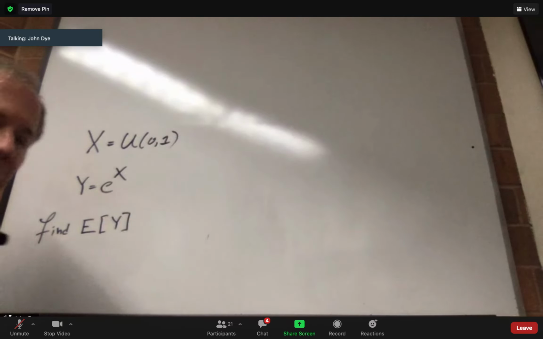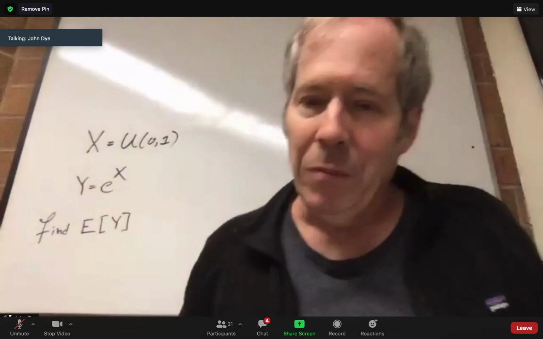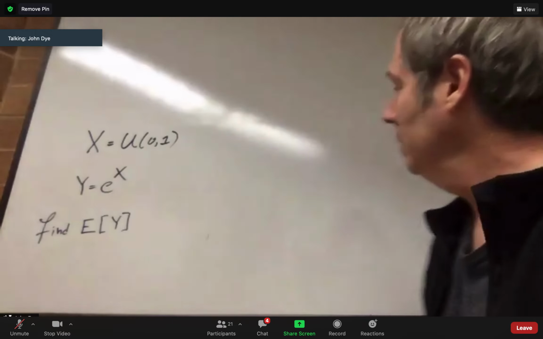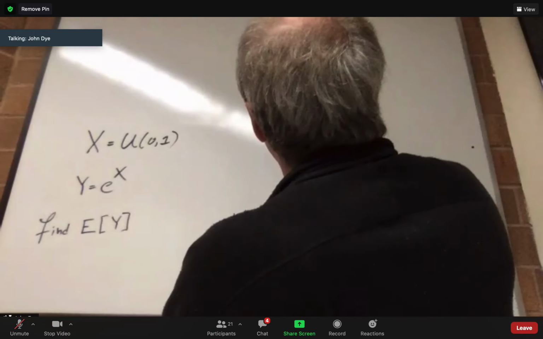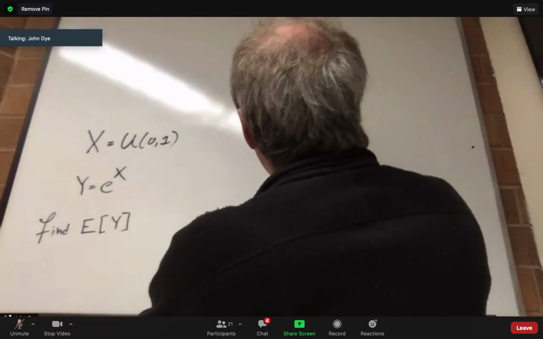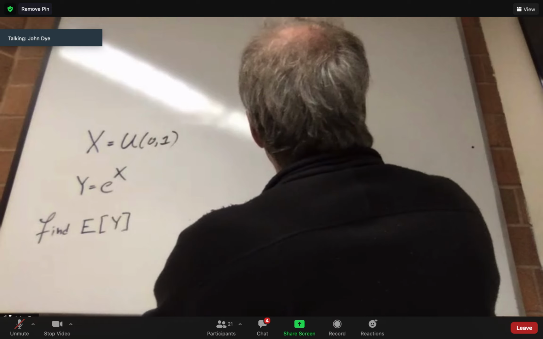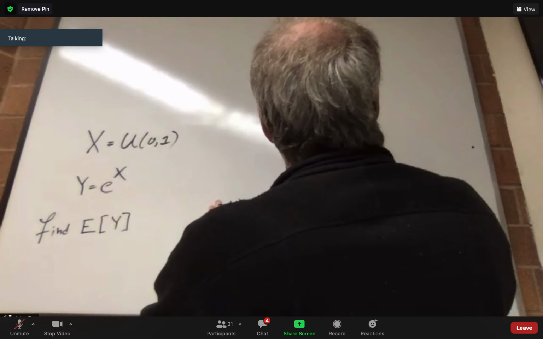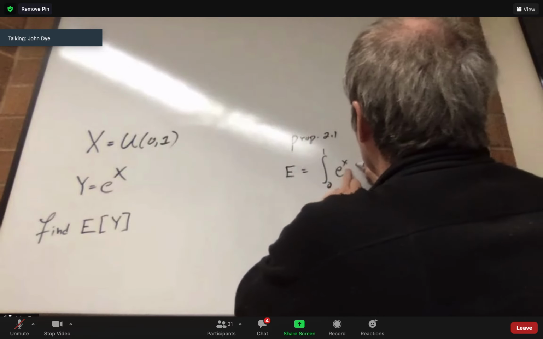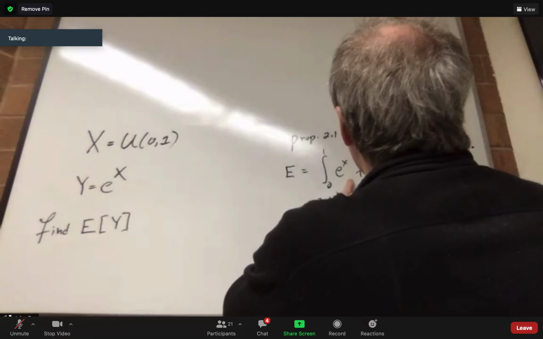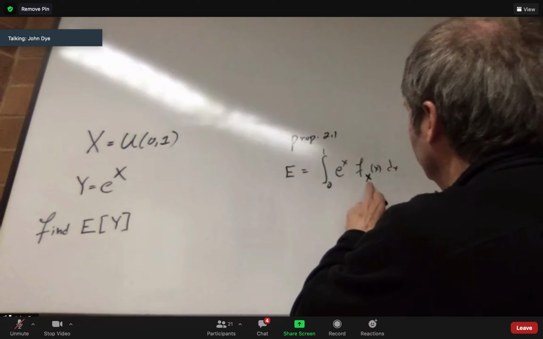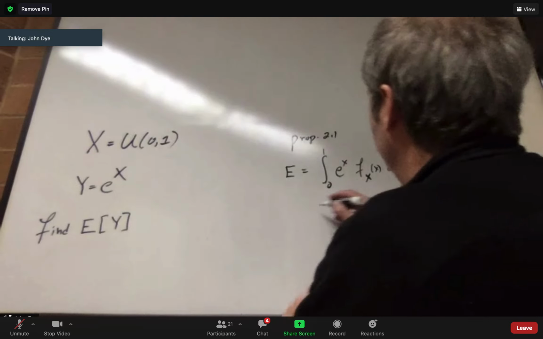Forgive me for reviewing this, but if you're using the theorem, I think it's proposition 2.1, you just do it this way. The expectation is that function times the density of X, which is just going to be 1 here.